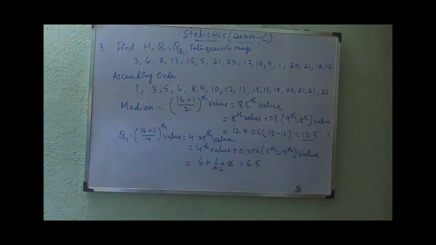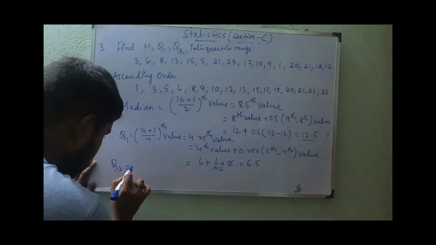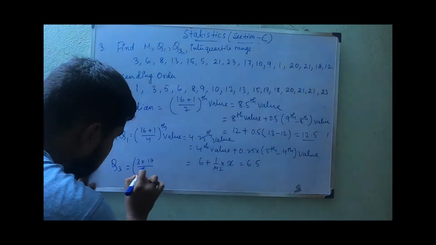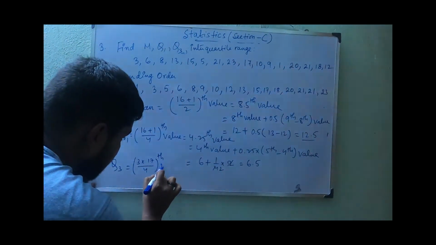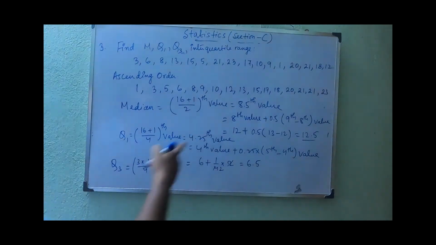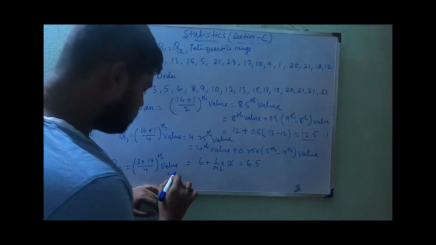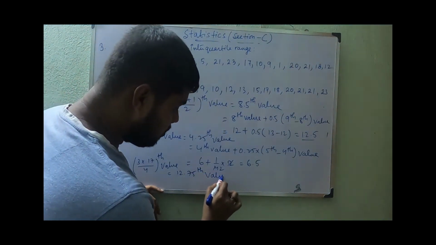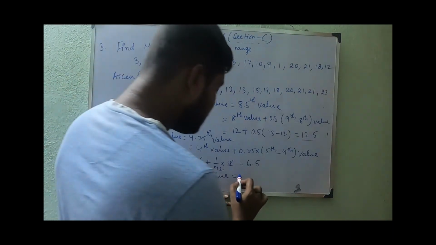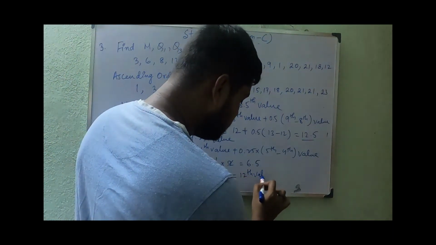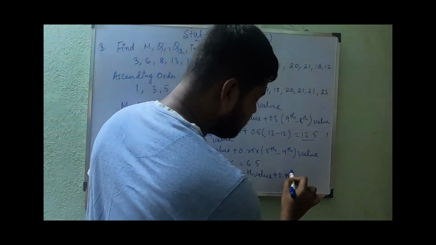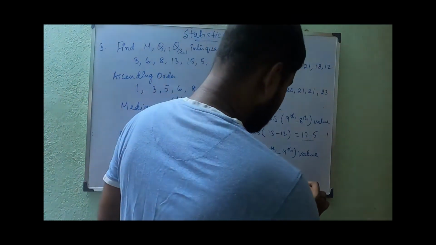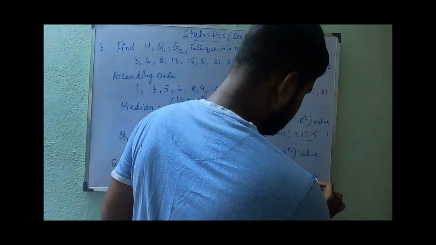Fine. Q3, that is 3 into 17 by 4 value, or basically 3 into 4.25, so that is your 12.75th value. 12.75th value means the 12th value plus 0.75 into the 13th value minus the 12th value.